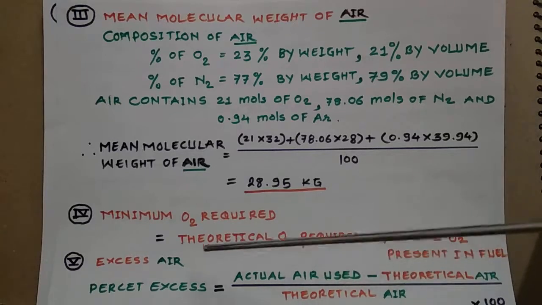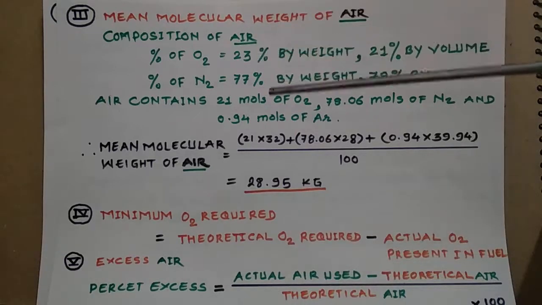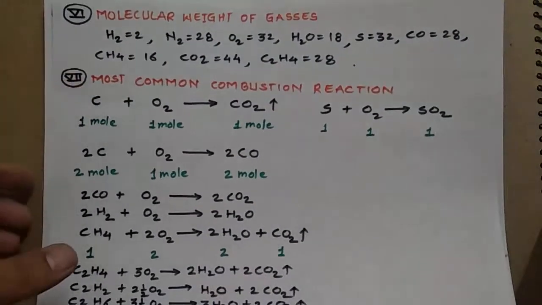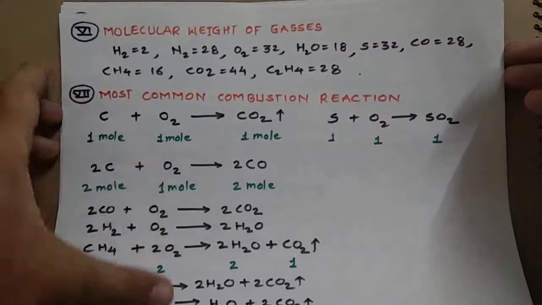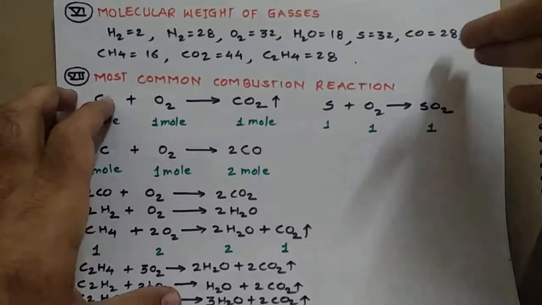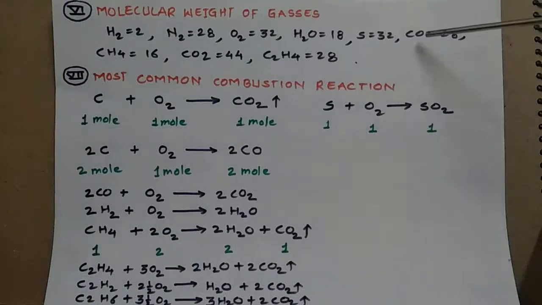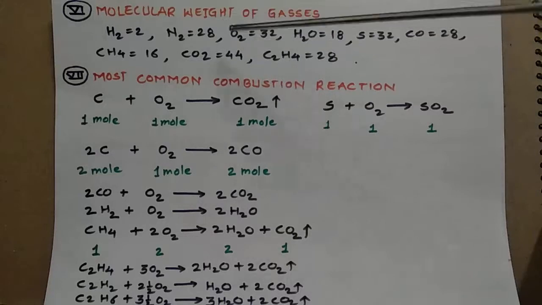Next point: during these calculations, we always need the molecular weight of gases. So this point is about the molecular weight of gases like hydrogen, nitrogen, oxygen, water, sulfur, carbon monoxide, CH4, CO2, C2H4. These are the molecular weights.